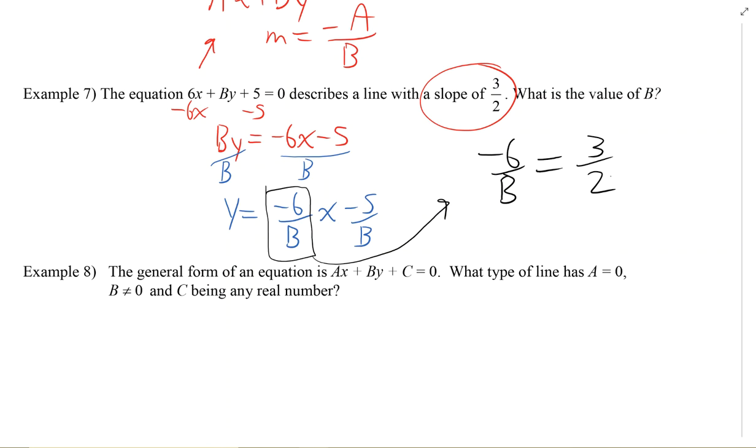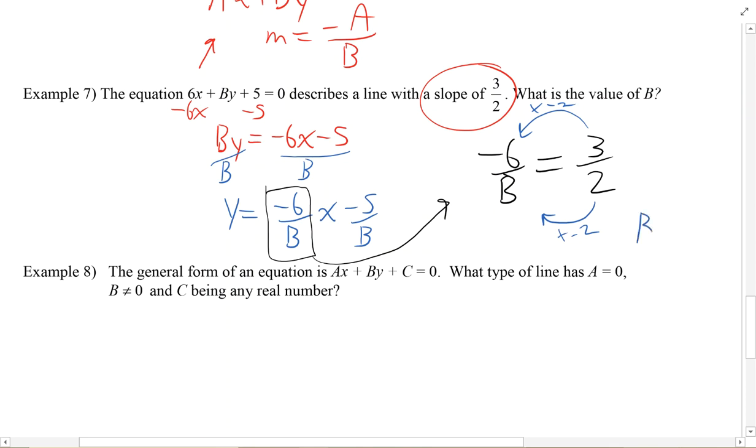Well, how would you go from 6 to 3? Or sorry, to go from 3 to 6, you would times by negative 2, right? So what would you have to do here? Times by negative 2.